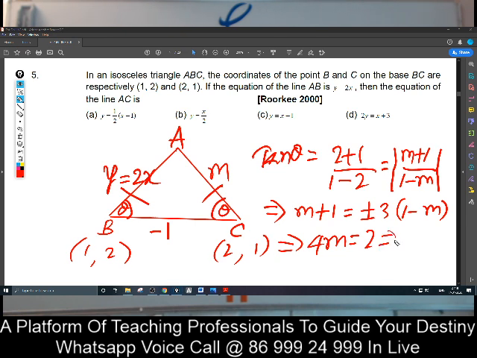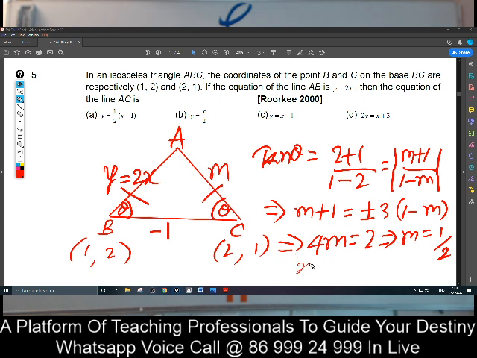Check the answer now. M is equal to 1 by 2. What is the point given? (2, 1). Slope is 1 by 2. Apply the short form, what I taught you. Short form, please.